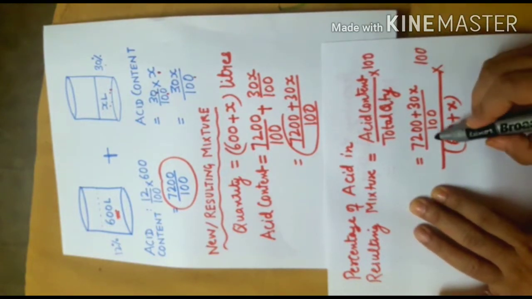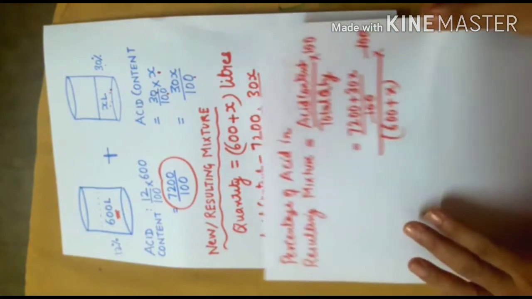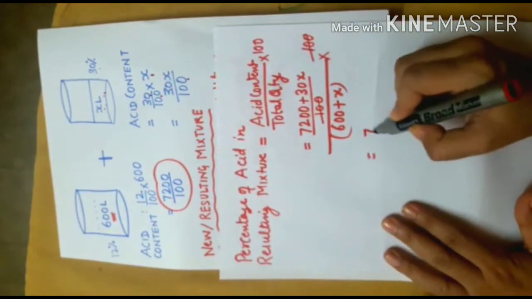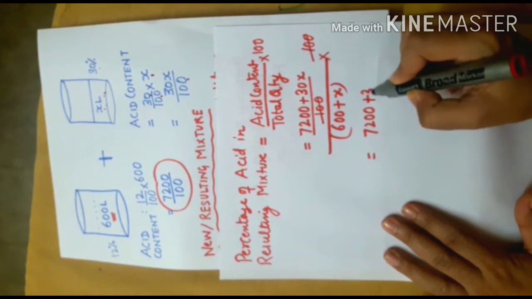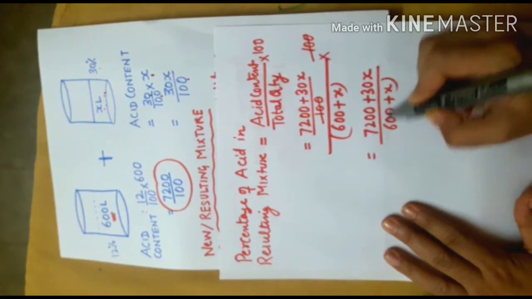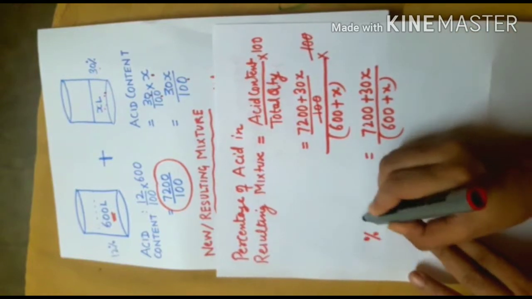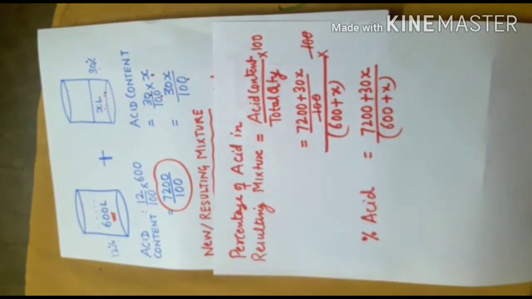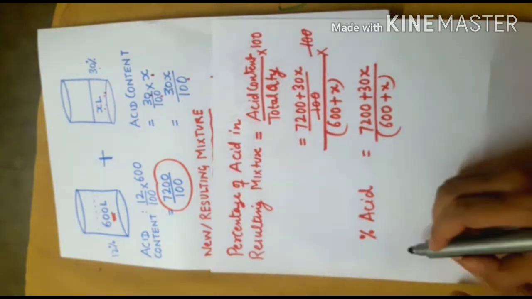This will get cancelled out. So I'll be getting 7200 plus 30x over 600 plus x. This is the percentage of acid in the resulting mixture.